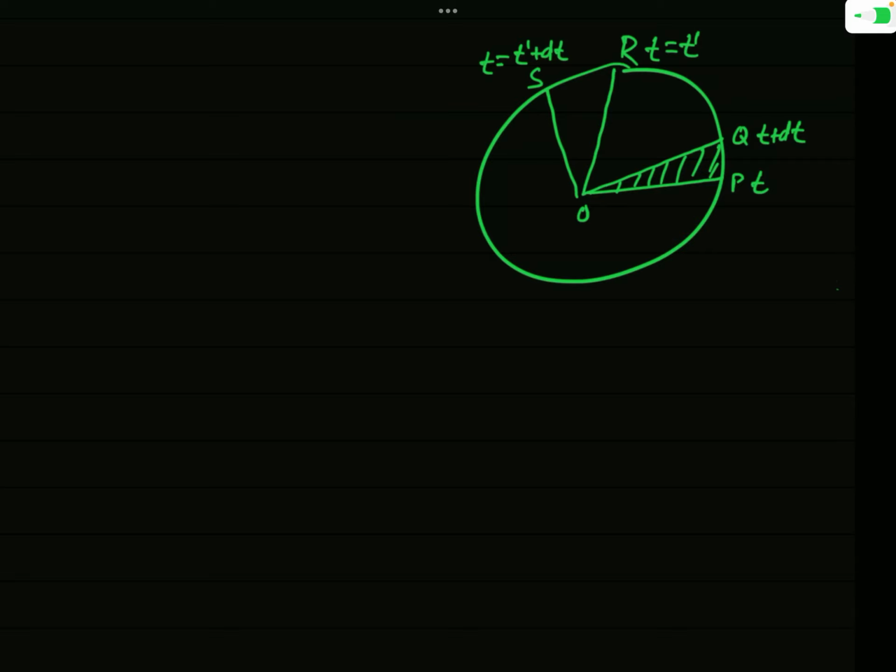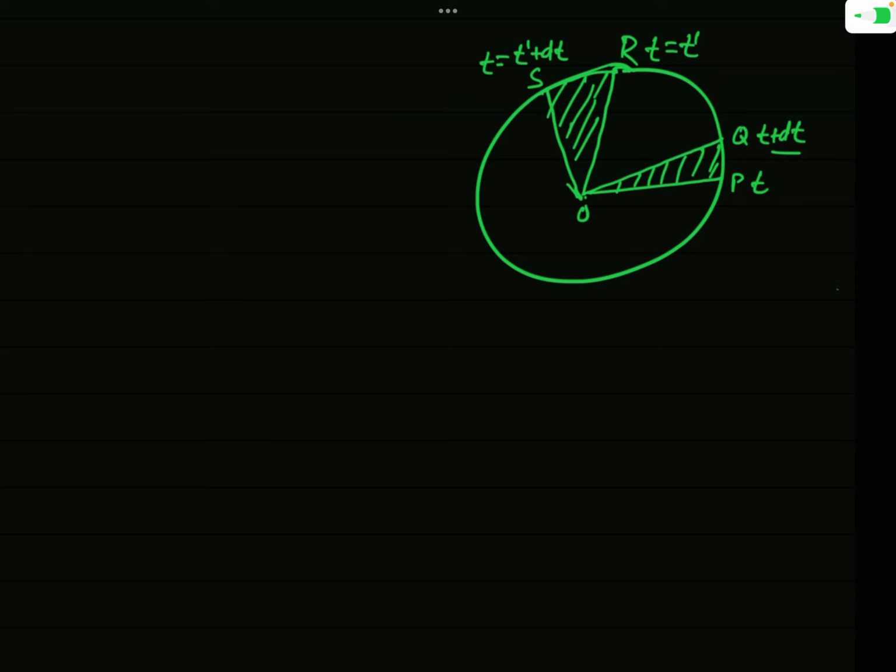It means this area OPQ has been swept out by the radius vector in time dt, and this area ORS has also been swept out by the radius vector in time dt. Both time intervals I have taken the same.